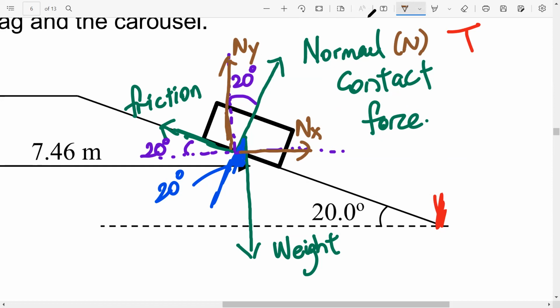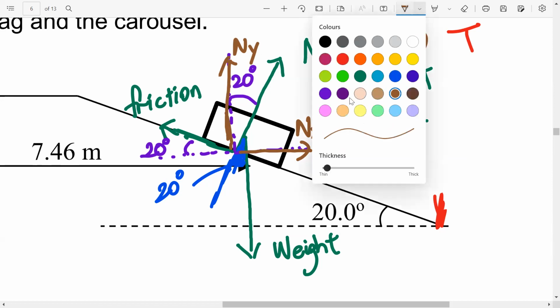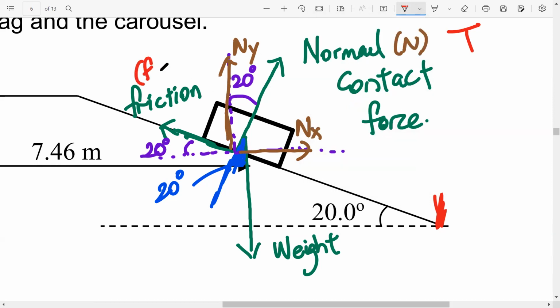For friction, let's call it F, there's also a vertical component and a horizontal component. What I'm doing here is splitting all the forces into horizontal and vertical components, because those are the two perpendicular directions I'm going to analyze with.